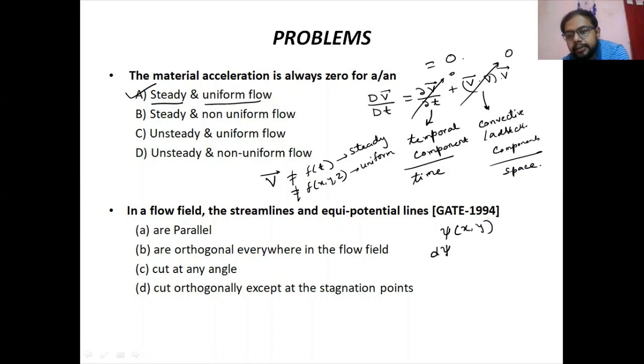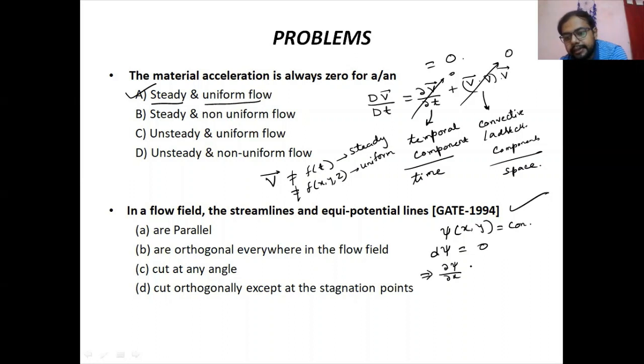Along a streamline, the stream function is a constant, so d psi is equal to 0. What does it mean?